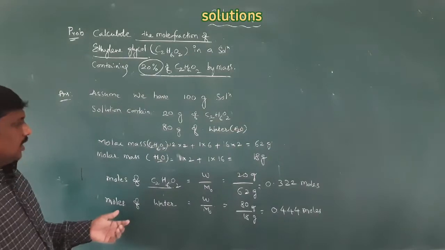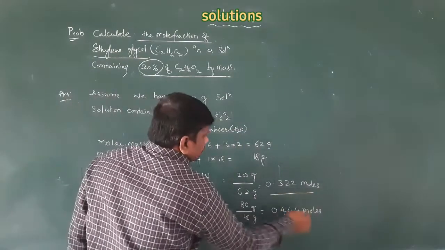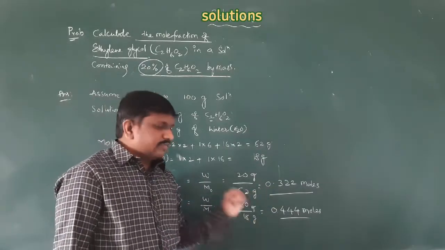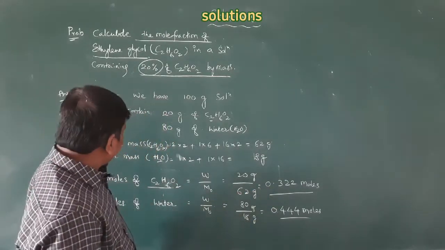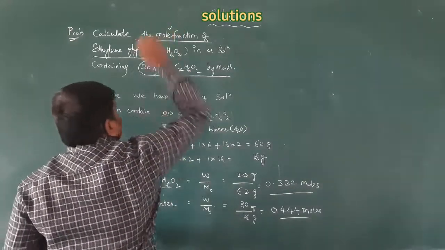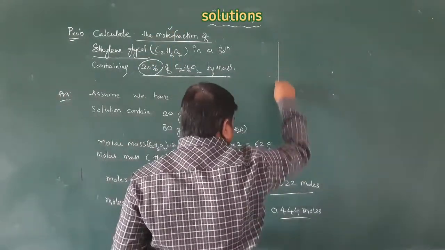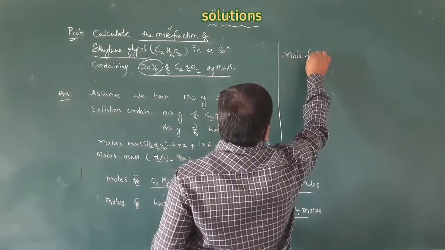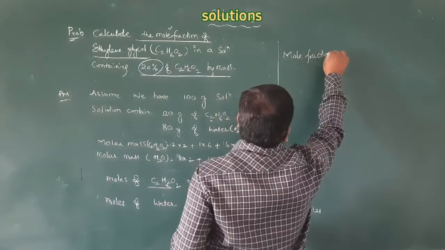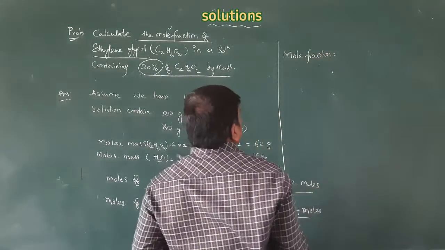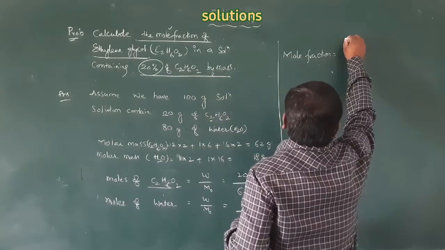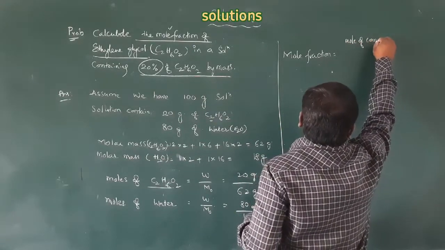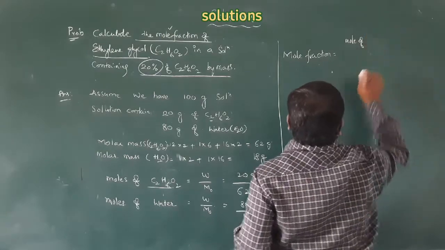Okay, so now this is the number of moles of ethylene glycol and the number of moles of water. Now we can find the mole fraction. So mole fraction is equal to, what is the formula? Moles of component, here what is the component?